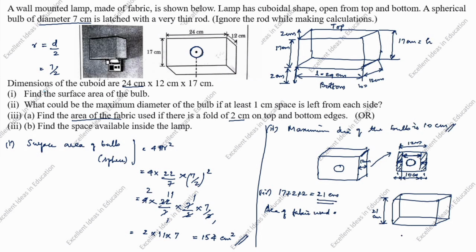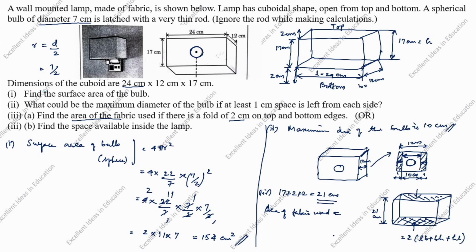What is total surface area of cuboid formula? 2 into LB plus BH plus HL. But in this question we will find area of fabric used. You see the question carefully. The cuboidal shape is open from top and bottom. This top and bottom don't take. This we need to neglect.